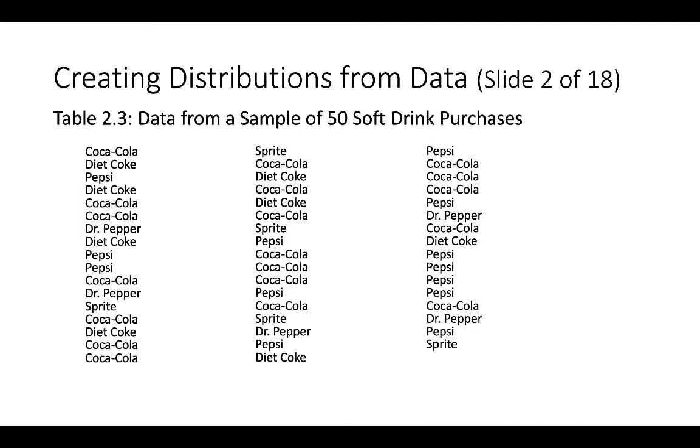Here we have an example of 50 soft drink purchases. Each purchase is for one of the 5 popular soft drinks, which define the 5 bins, and they're categorical, meaning they're text-based, not numerical-based. They are Coca-Cola, Diet Coke, Dr. Pepper, Pepsi, and Sprite.